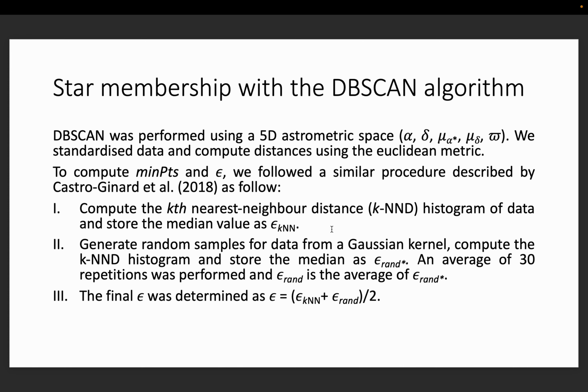Then, for each dimension, we sample from the Gaussian kernel data with the same size as the original data, for an average of 30 repetitions, and store the epsilon random, because it's a random sample using, in this case, the Metropolis-Hastings. The final epsilon was determined as the average of the 30 repetitions and the k nearest neighbor distance of the original data.